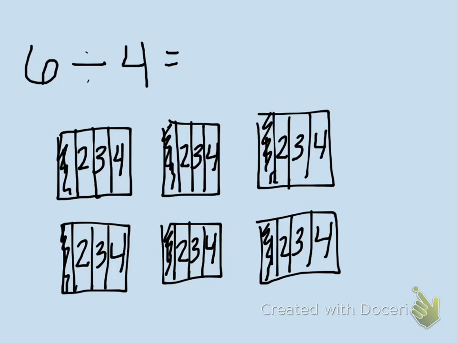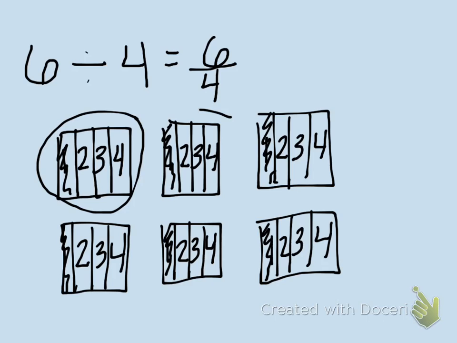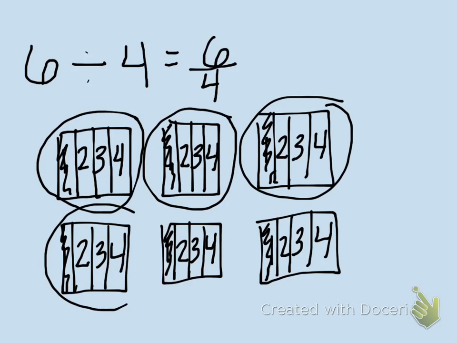And I know that I'm going to represent 6 divided by 4 as 6/4. I can also look at this by saying each of the 4 people would get 1 whole. 1 whole, 2 wholes, 3 wholes, 4 wholes.